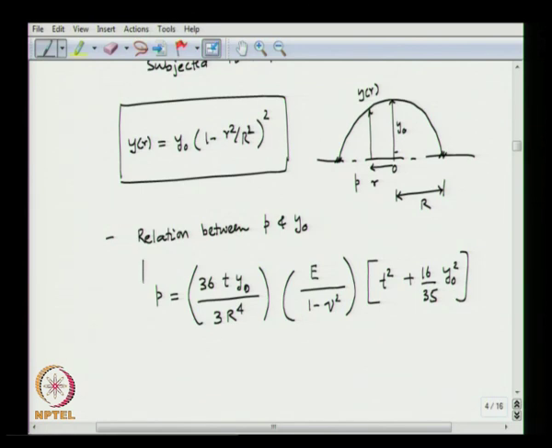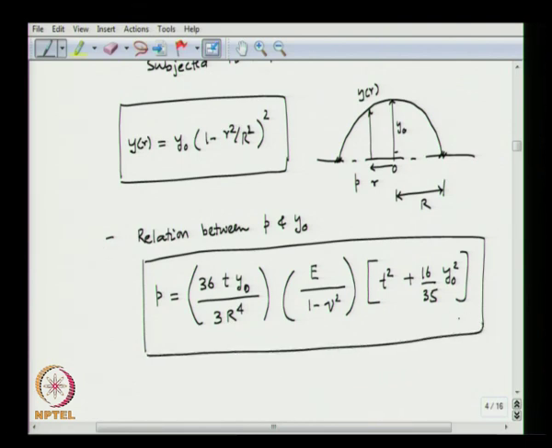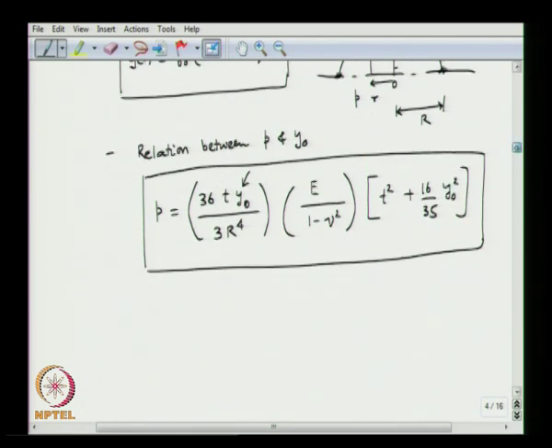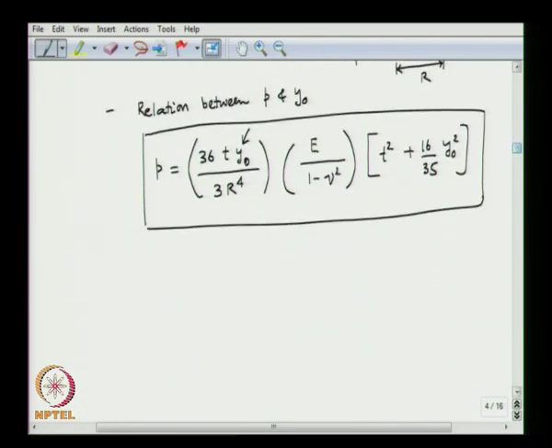So, this is how we can relate the pressure acting on the membrane to the maximum deflection of the membrane. All these parameters are known for a membrane.